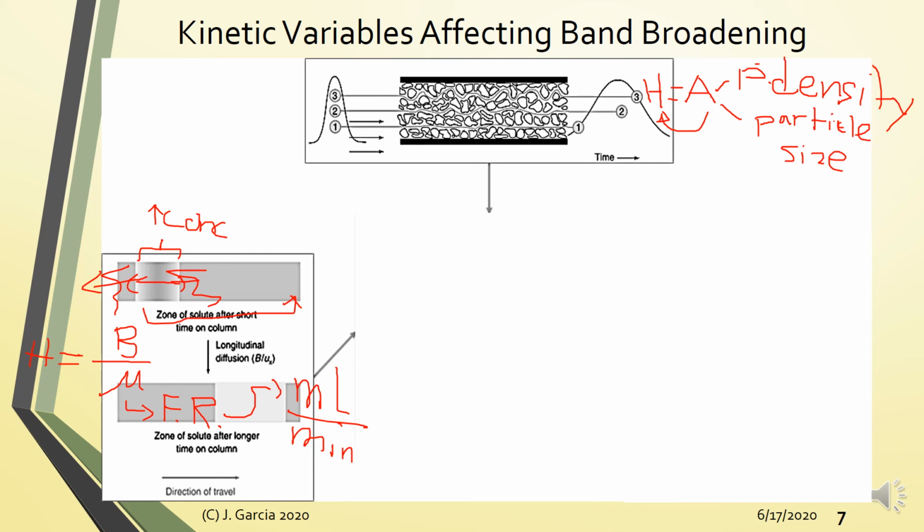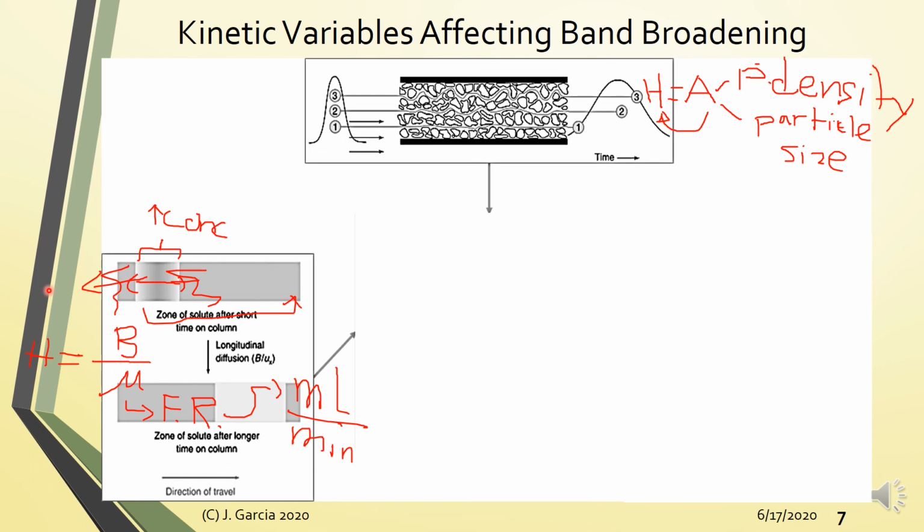But what does this tell us? If you decrease the flow rate, your H value will increase, because you're giving the band more chances to spread out or diffuse longitudinally.